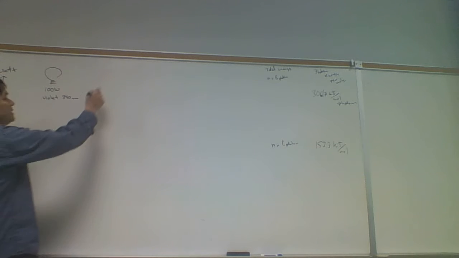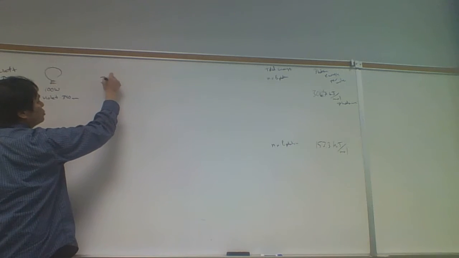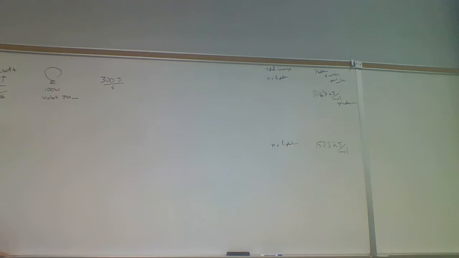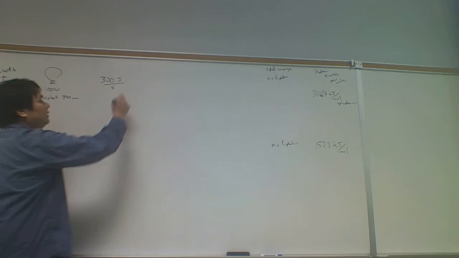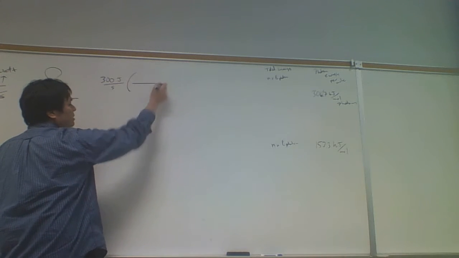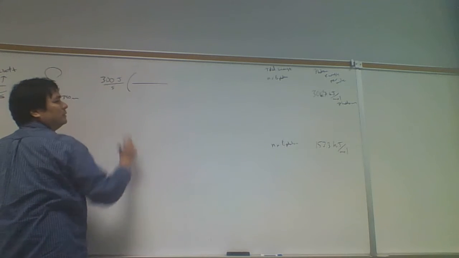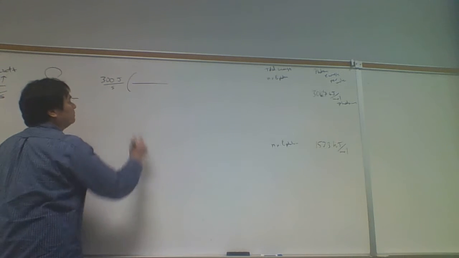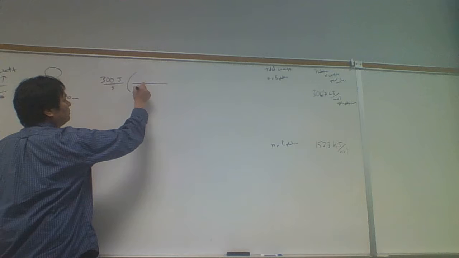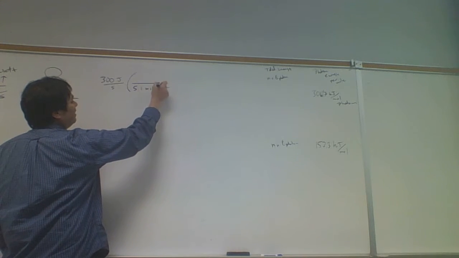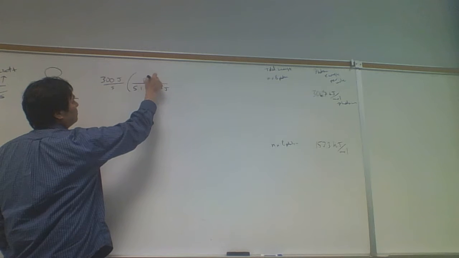Then what that means is I have 300 joules worth of photons per second. If I have that, then I know the energy. What was the energy per photon? It's like 5.1 times 10 to the negative 19 joules per photon.